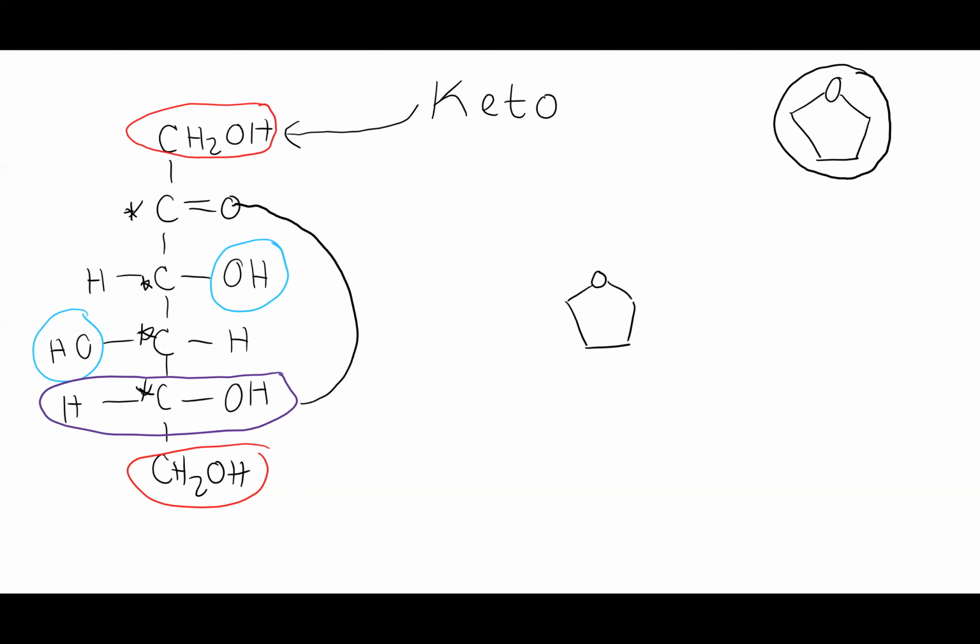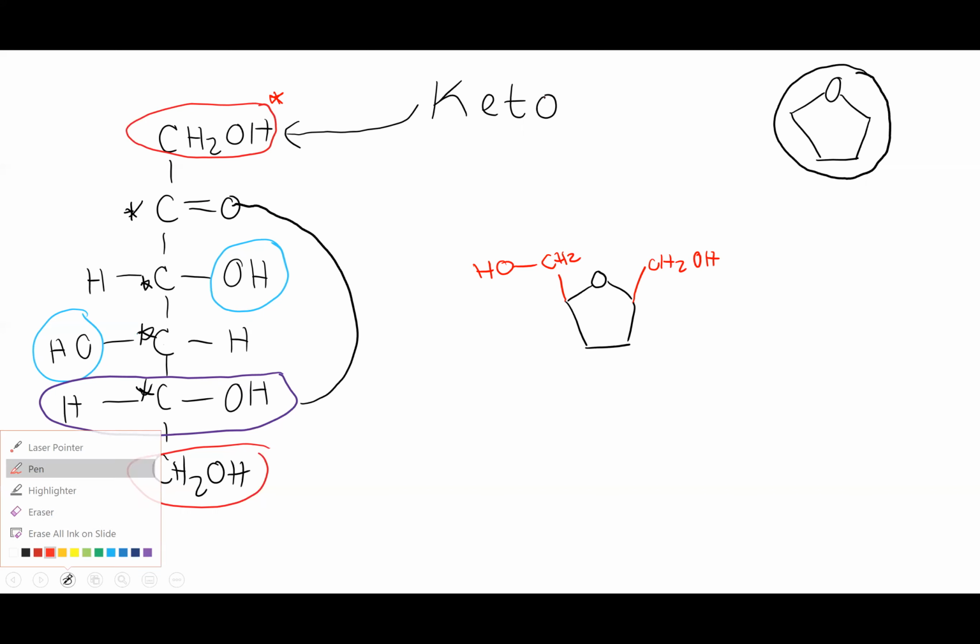So again, I'm going to start with my CH2OH group on the end. This is always here. And you can see because this is a ketone, we do have another CH2OH group on the other side of the oxygen. Okay. Again, this oxygen on the bottom, this chiral oxygen here, is what became the oxygen in the center here.